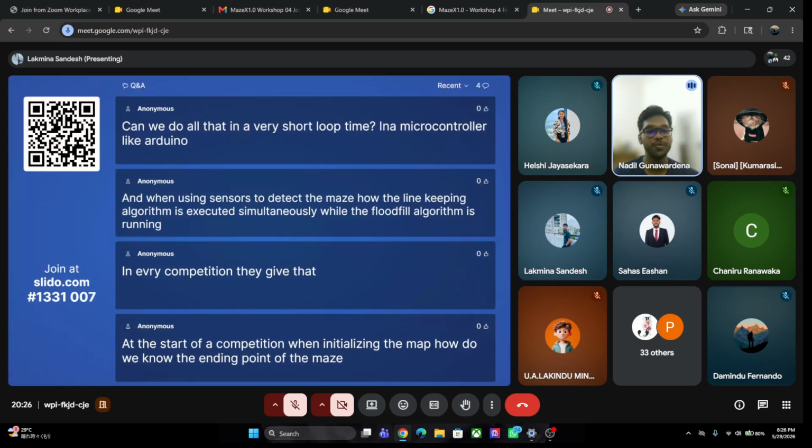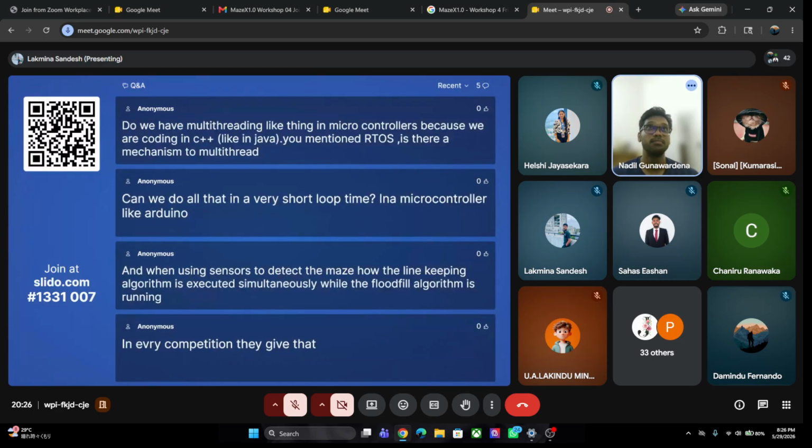It is better if you can use ESP32 controllers. ESP32 is also a good microcontroller, and also an STM32.